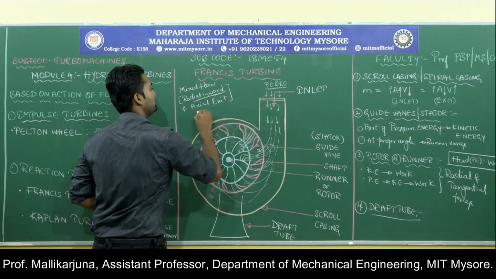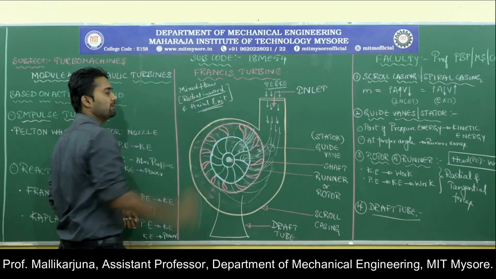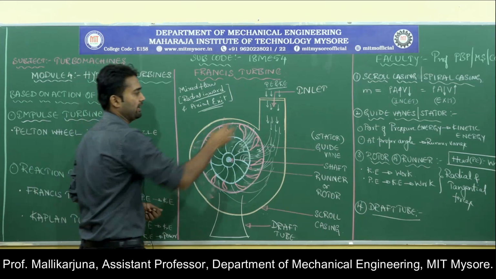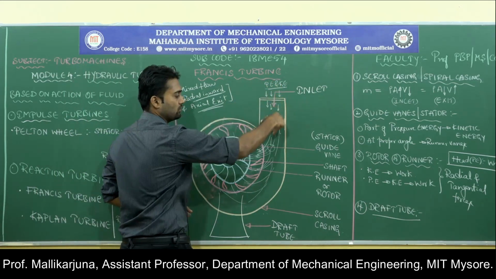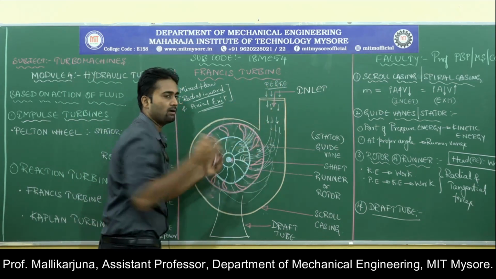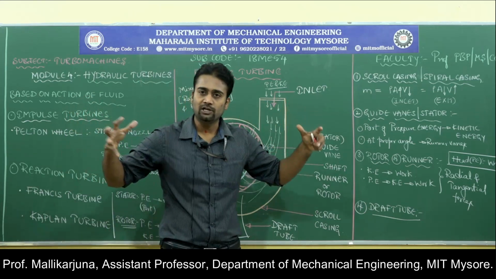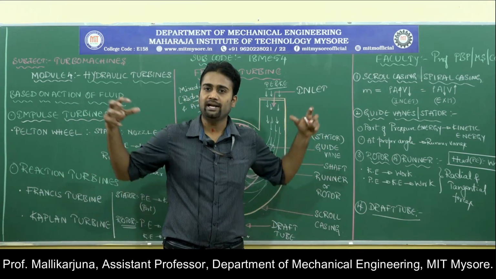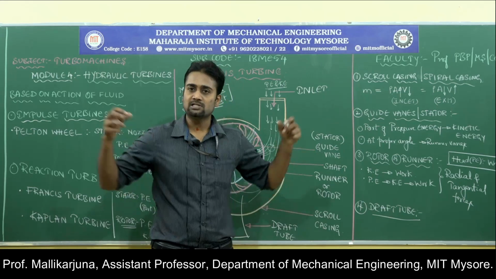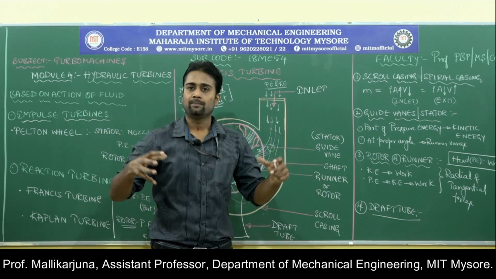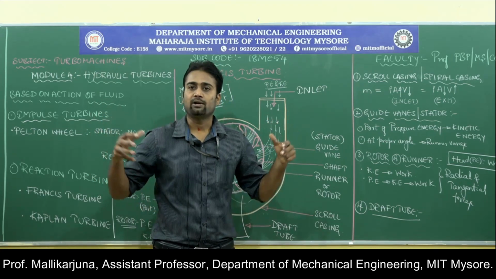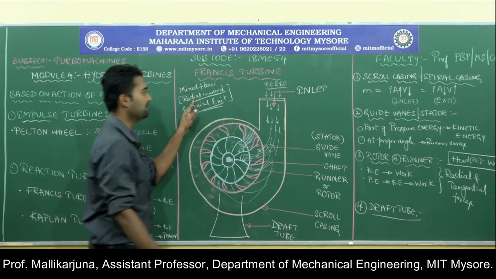Because of these two movements, this machine is considered a mixed flow machine. If you look at the entry of the fluid to the machine, it is radially inward, from the outer circumference of the wheel to the center part. Radially inward in the sense that along the radius of the circle, it is entering into the circle.